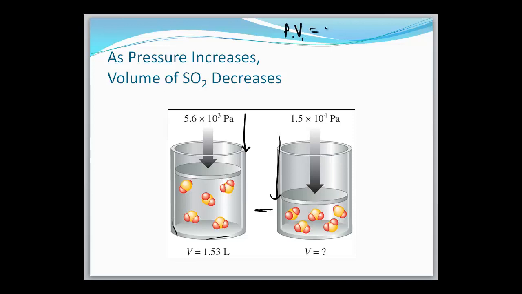P1V1 is equal to P2V2. We would use our first pressure, 5.6 times 10 to the third pascals, times the volume at that pressure, 1.53 liters. Set that equal to the new pressure, 1.5 times 10 to the fourth pascals, times our new volume.